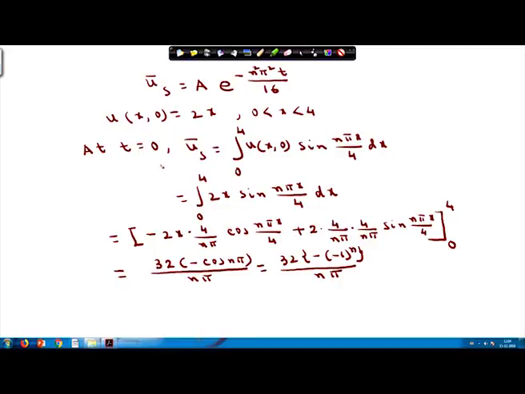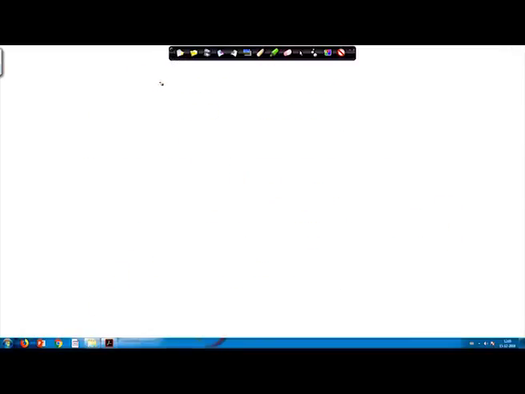So, at t equals 0, you are obtaining u bar s as this. Also, at t equals 0, from the solution, u bar s is equal to a, because t is 0, so the e power term will not be there. Using these two, I can write that a is equal to 32 into minus 1 to the power n plus 1 divided by n pi.